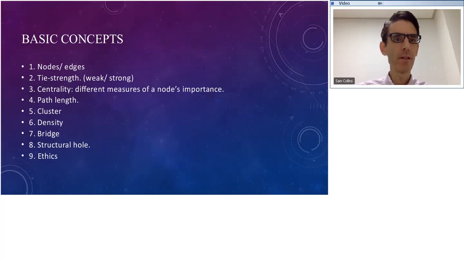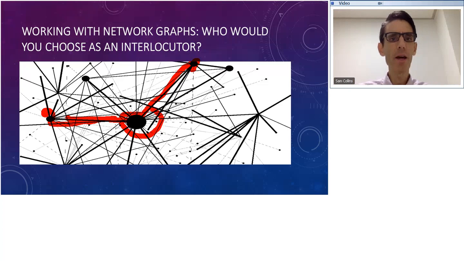Let's see, bridge, structural hole. So when we're looking at distances and connections between different nodes, one thing that should be pretty clear is that some nodes are more connected than others. So I can see this one out here is sort of connected to these, but not really well connected to others.